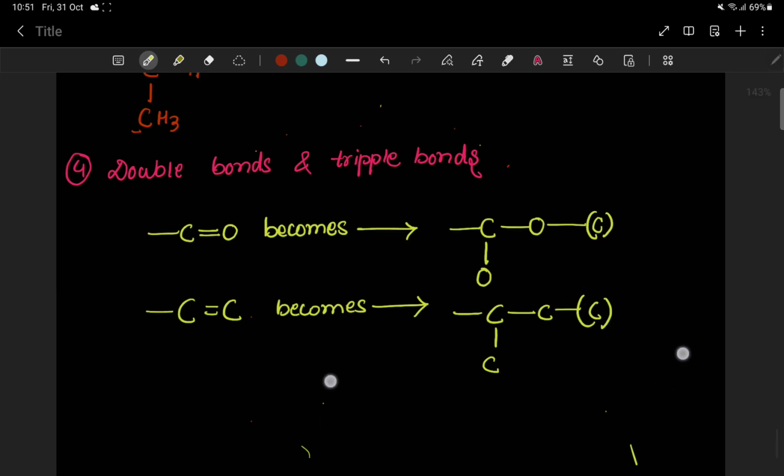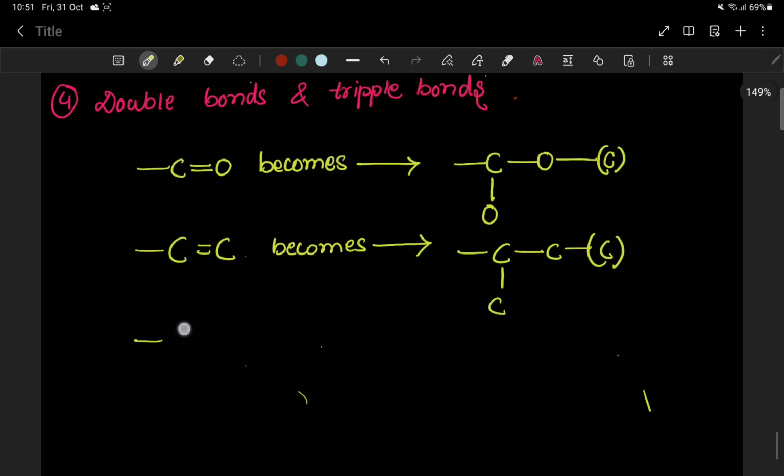Okay, and coming to the triple bond, C triple bond N. This is another very common form. Here this is our carbon and this is our nitrogen. First we will draw this. Then for one single bond, I will attach one nitrogen to it.